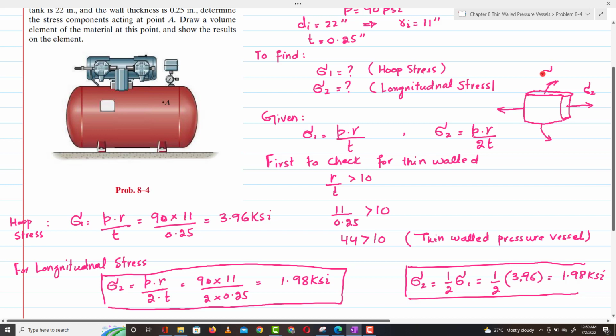This is sigma 1, and sigma 1 is equal to 3.96 KSI, while sigma 2 is equal to 1.98 KSI.